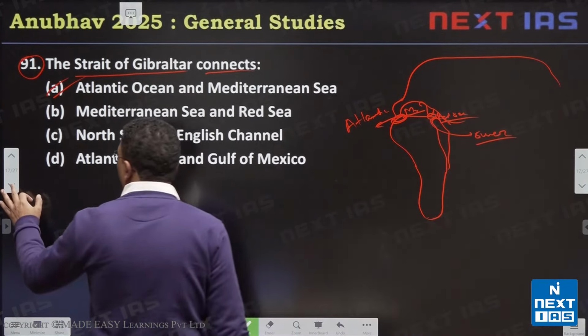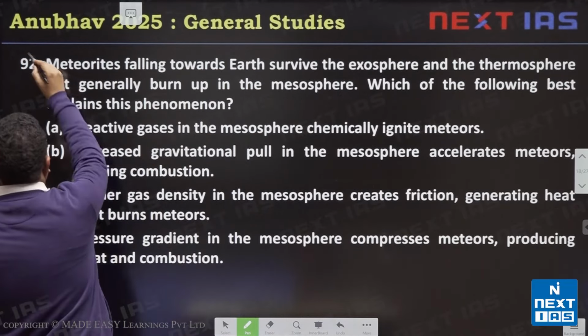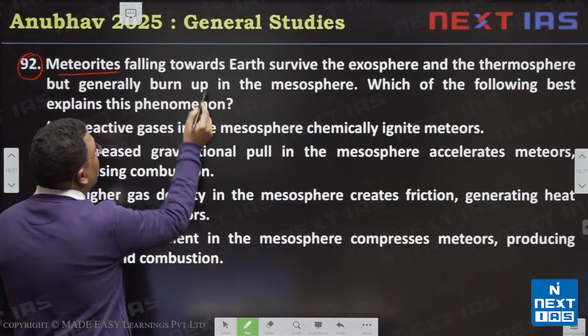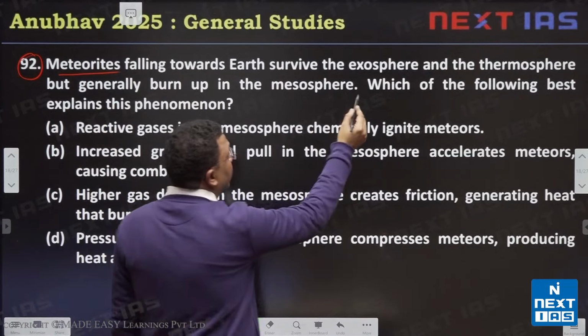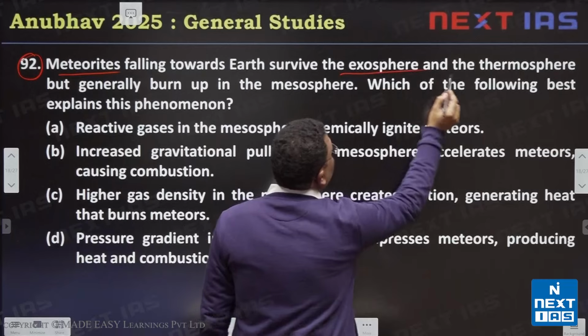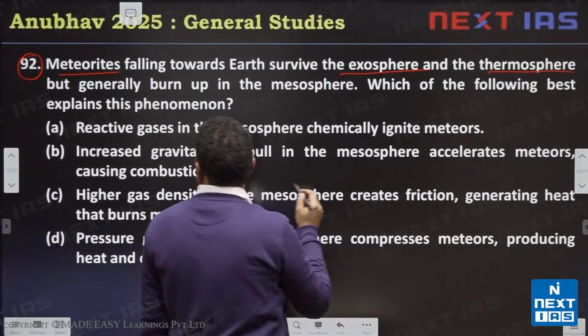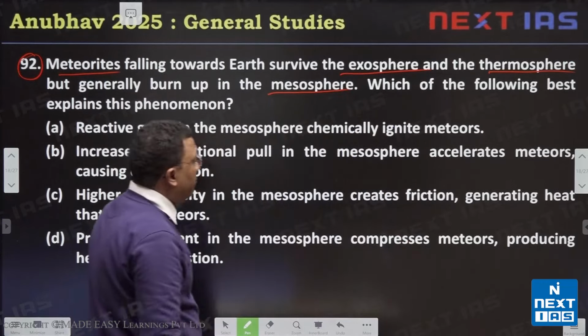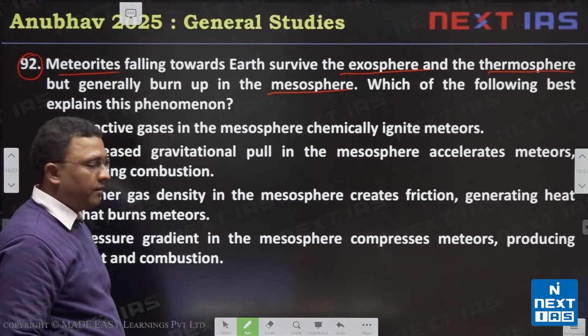Now let's move on to the next question, that is question 92. It says meteorites falling towards Earth survive the exosphere and the thermosphere but generally burn up in the mesosphere. Which of the following best explains this phenomenon, right?